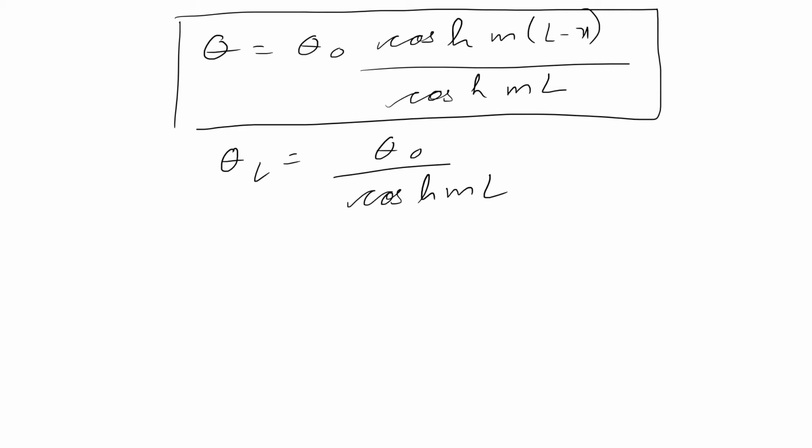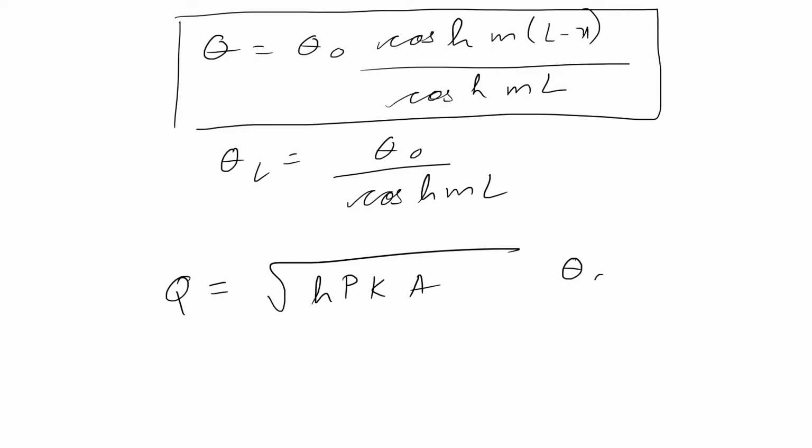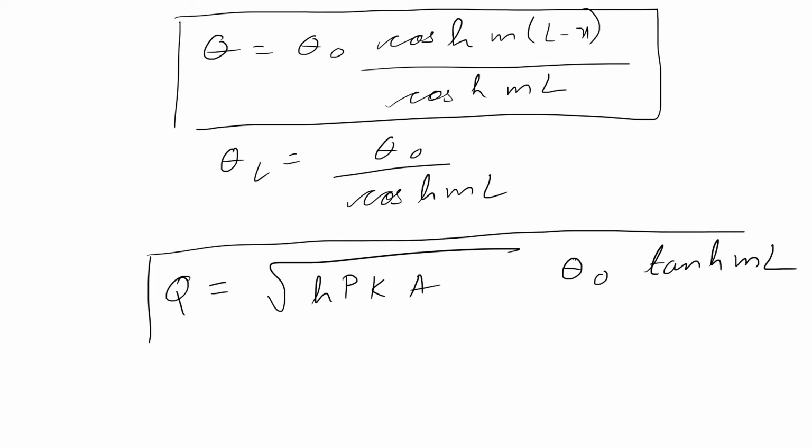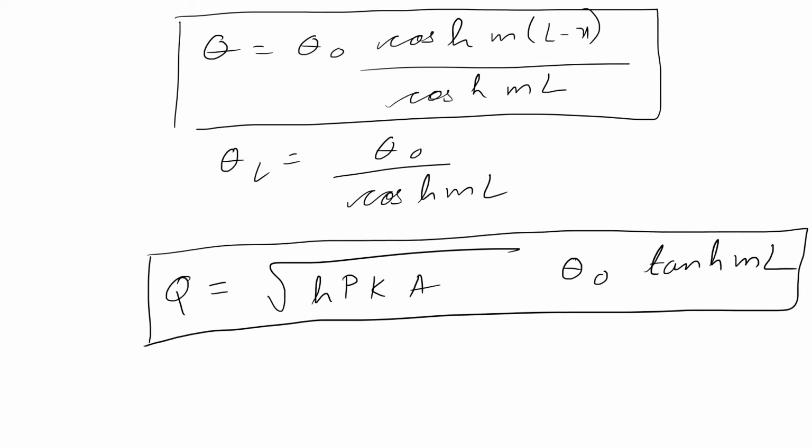Now let us see what the heat conduction equation is. We can find this again by Fourier's equation, by putting our values in Fourier's law of heat conduction. So the final expression comes out to be, so this is our required equation.